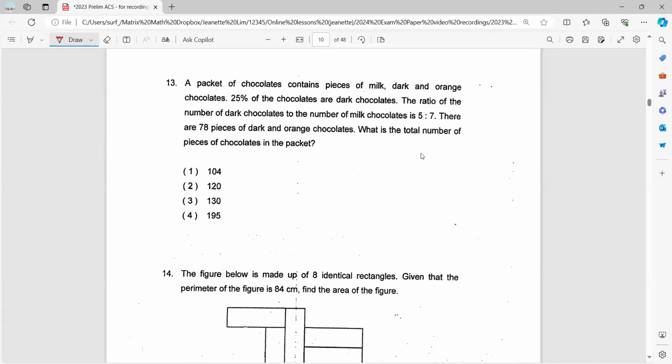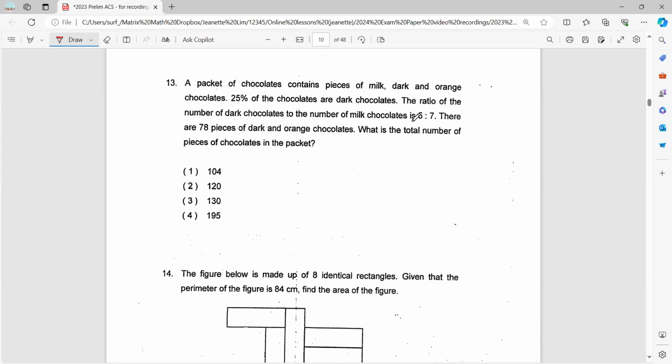Question 13. A packet of chocolates contains pieces of milk, dark and orange chocolates. 25% of the chocolates are dark chocolates. The ratio of dark to milk is 5 to 7. There are 78 pieces of dark and orange.